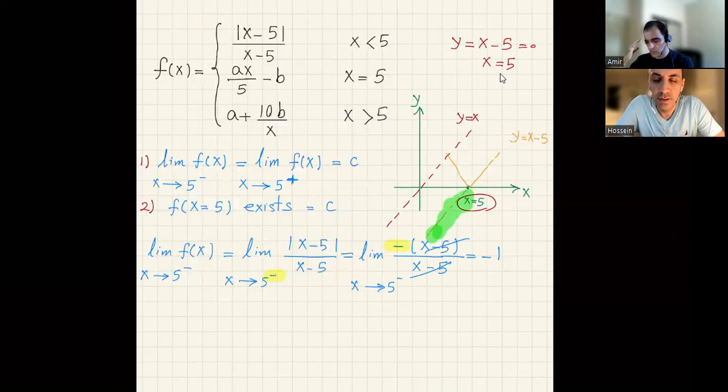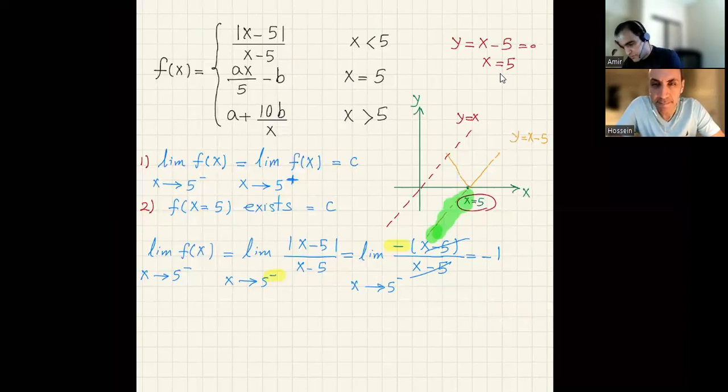Right. Because this is a limit problem, you can cancel whatever you have in the numerator and denominator, because we know that x is not 5. X approaches 5, it's like 4.9999 whatever. Right, that's correct. Okay, fair enough.